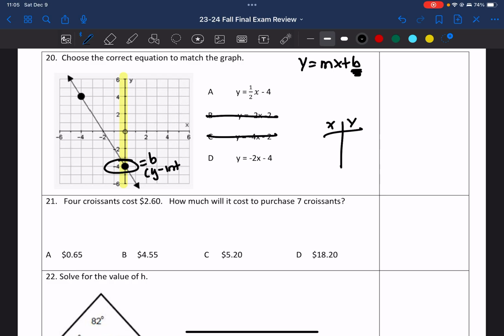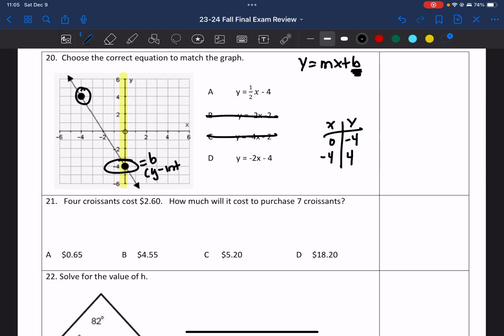I already know that my first point is going to be 0, -4, because my x is going to be at 0, but my y-intercept is at -4. So here, 0, -4, and I can pick this point over here too. That is going to be at -4, +4.